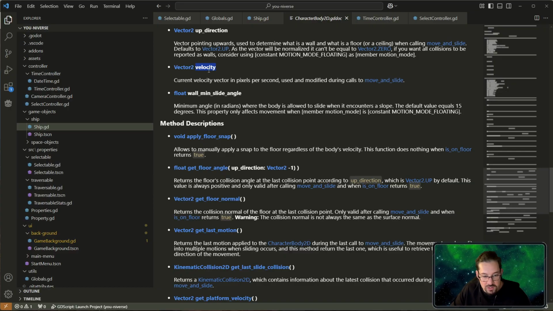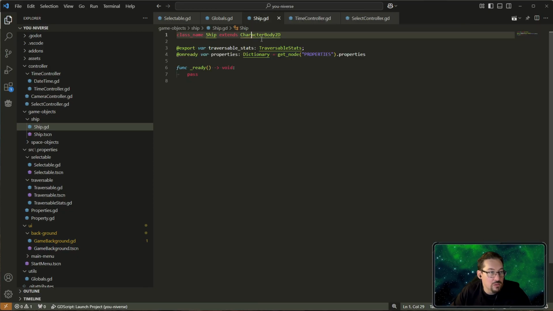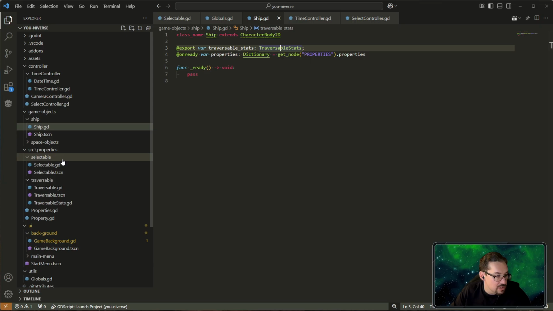And the velocity of something is a function of how much acceleration you go in over time, right? So for the ship, I did a traversable property.